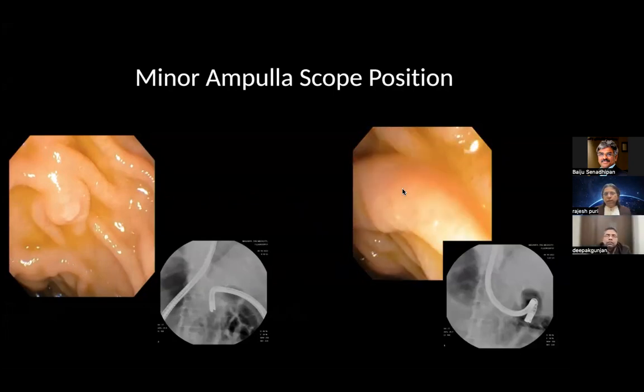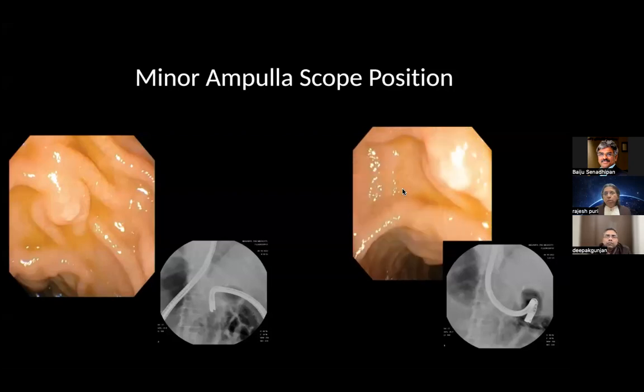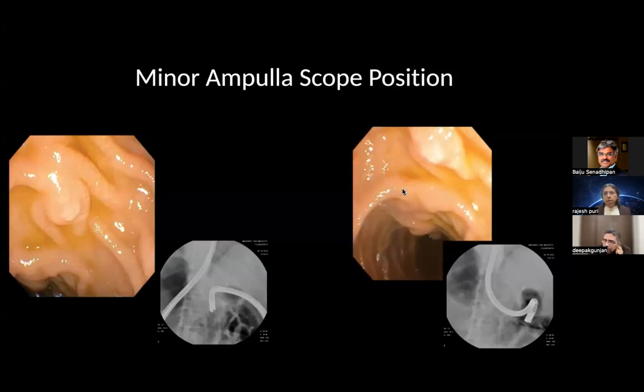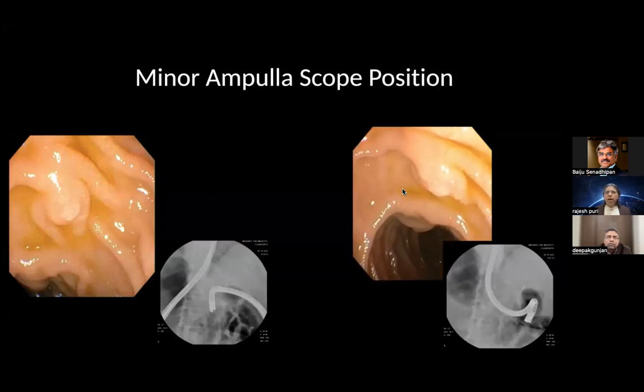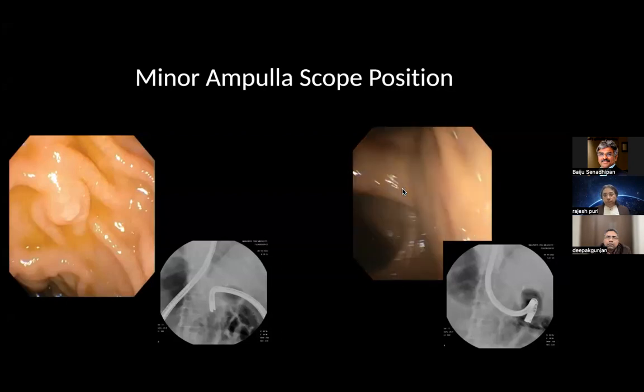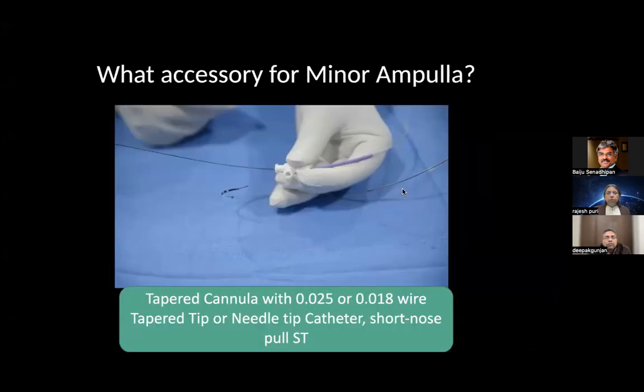Once you have focused the major papilla, push your scope downward after making a short position, and you can come across the minor ampulla in front of you. So this is the way you can focus the minor papilla, but that is not always true.